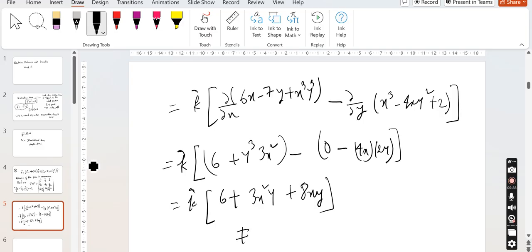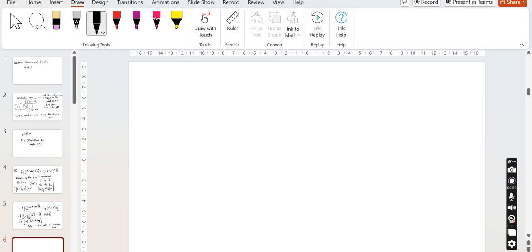So clearly that is not equal to 0. So this F is not a conservative force. Let us see if the force in another problem is conservative or not.